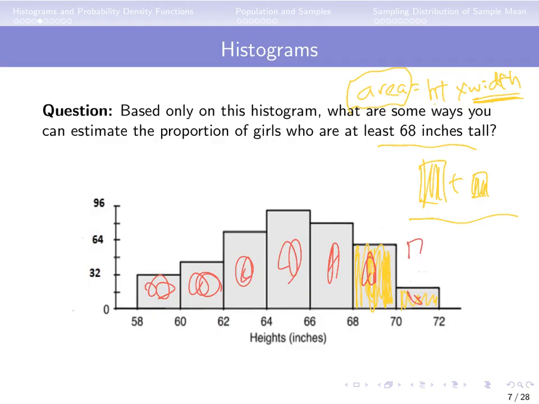These are all rectangles. So add up the areas of all 7 rectangles, 1 2 3 4 5 6, there's just one more, and that will give me the proportion.